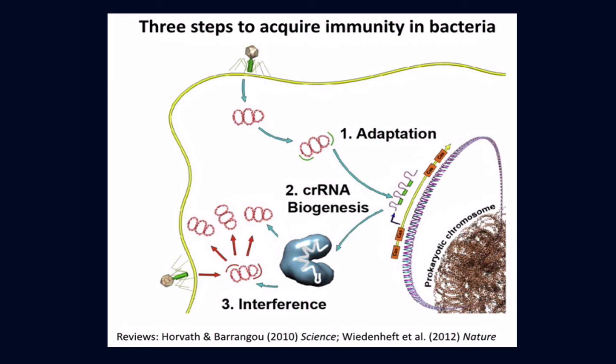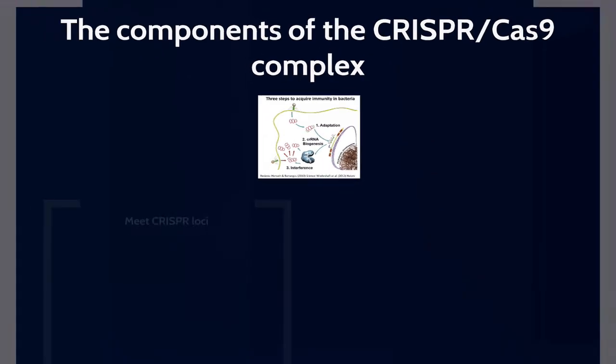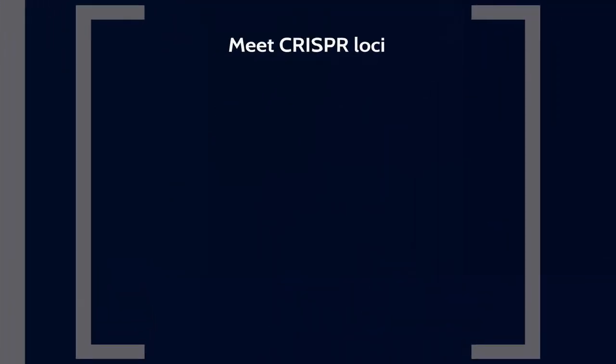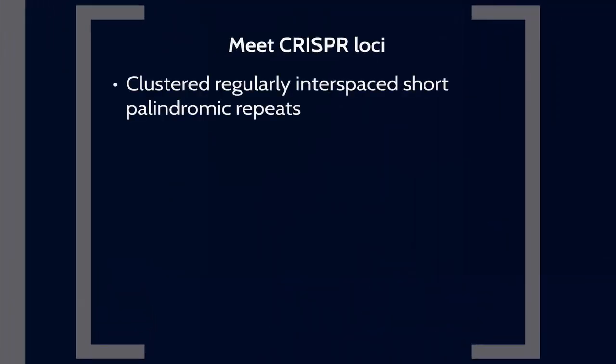Okay, but essentially what happens is that let me show you this and I'll go back to that slide. Okay. So CRISPR, by the way, stands for Clustered Regularly Interspaced Short Palindromic Repeats.